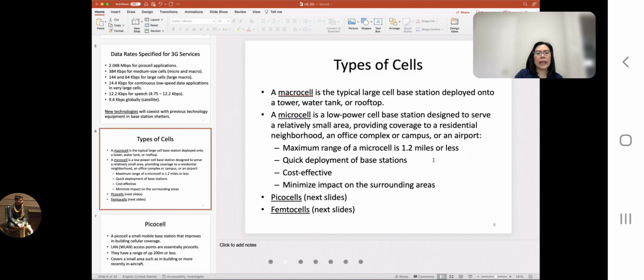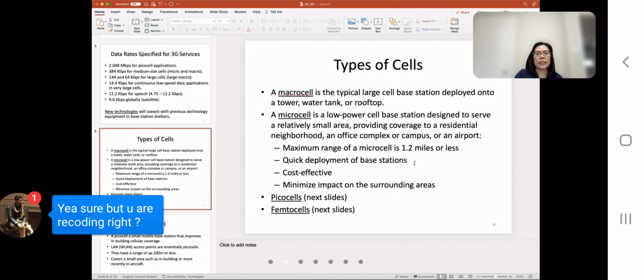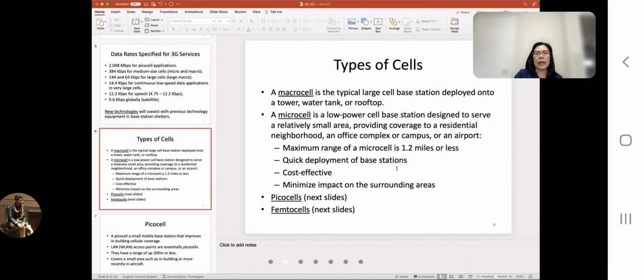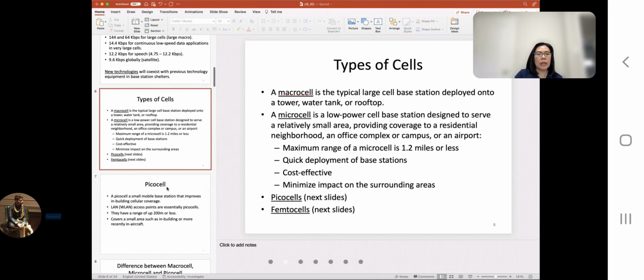So basically, it should be less than 1 kilometer, approximately 1 kilometer at most. Because of this, it's easy and quick to deploy microcell base stations. It is cost effective and it minimizes the impact on the surrounding areas because it's small and it serves only a small area.